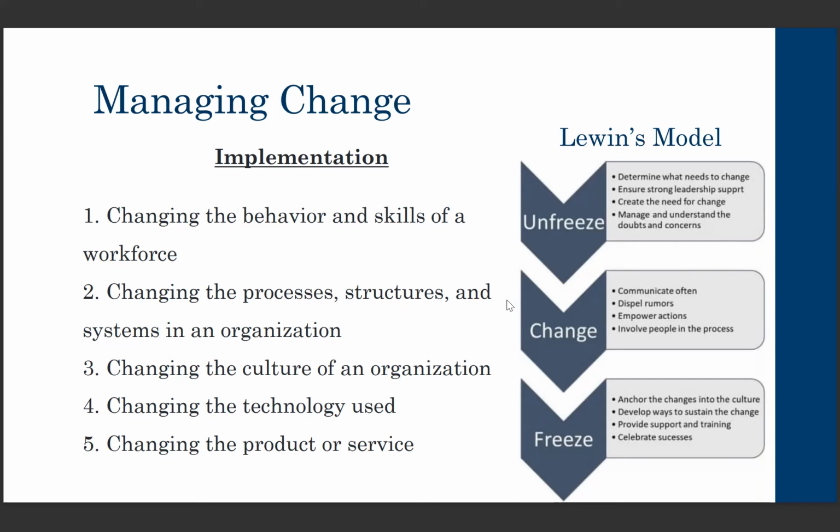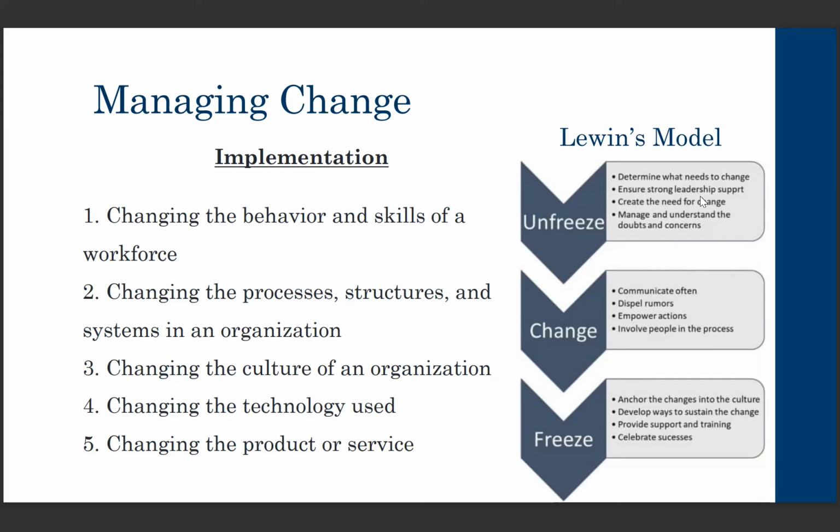Then we are pouring this melted ice cube into a triangle shaped mold, and then we are going to refreeze this. Then what we get is a triangle shaped ice cube. First we had a square shaped ice cube, then we melted it, then we changed the shape, then we refroze it to a triangle shaped ice cube. That is the basic principle behind Lewin's model.